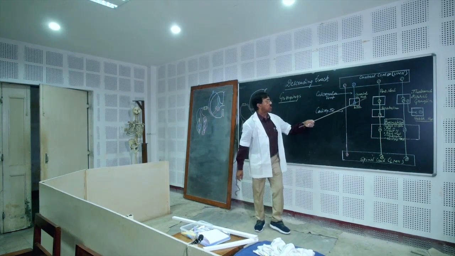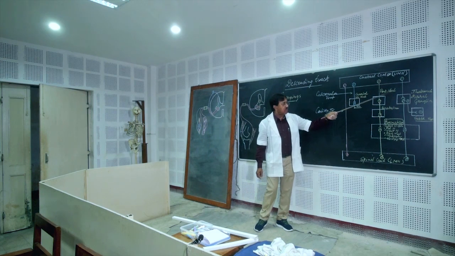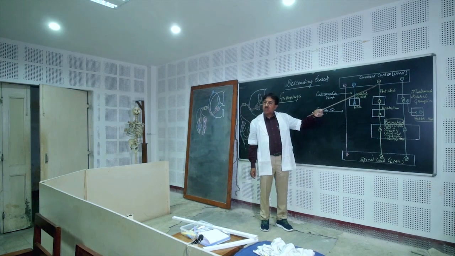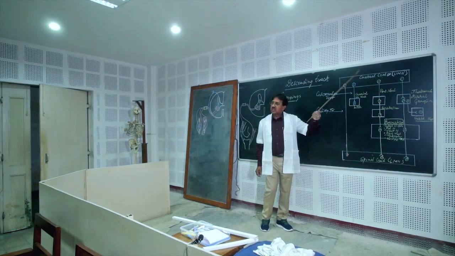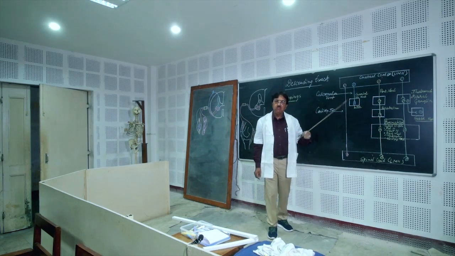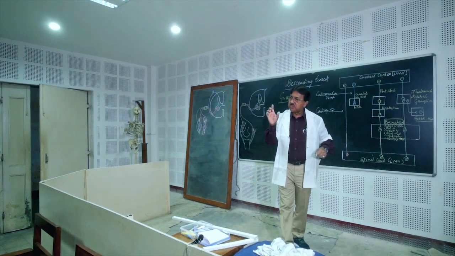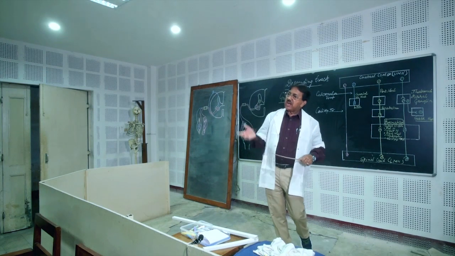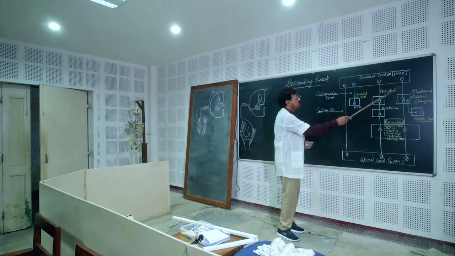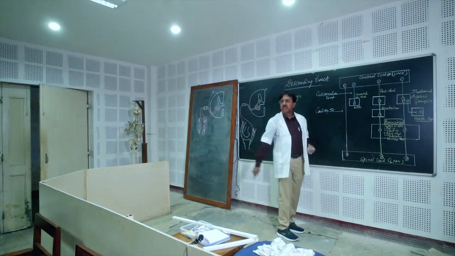Apart from this, there are some other descending tracts we can see here. I told in the beginning that the descending or efferent pathway is at minimum composed of 2 orders of neurons, but it may be more than 2. That will be clarified from this side of the sketch or diagram.